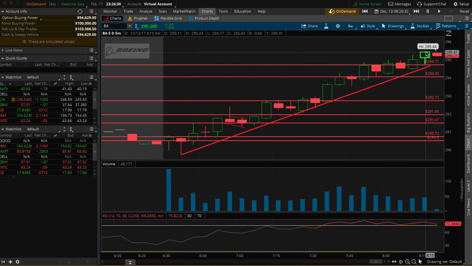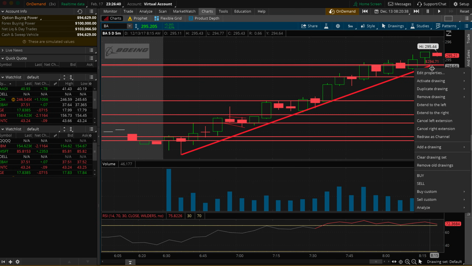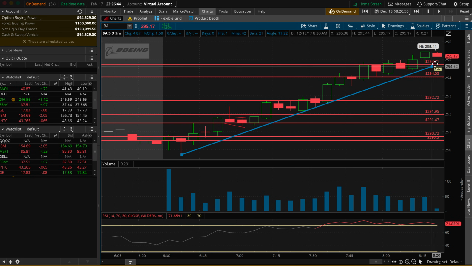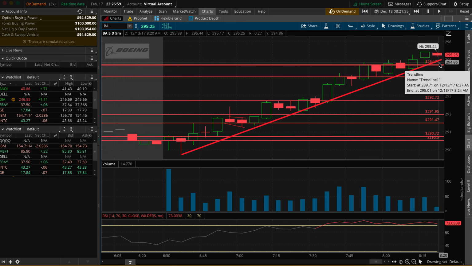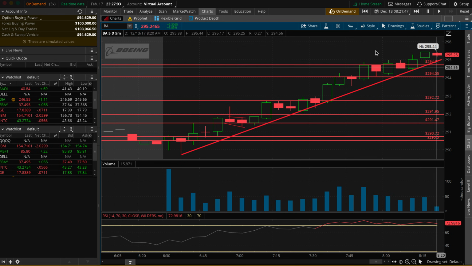That was a nice candle. So now the trend line is above our support. So now if this passes our trend line, that puts us on cautious. And then if it passes the support, then we sell out.